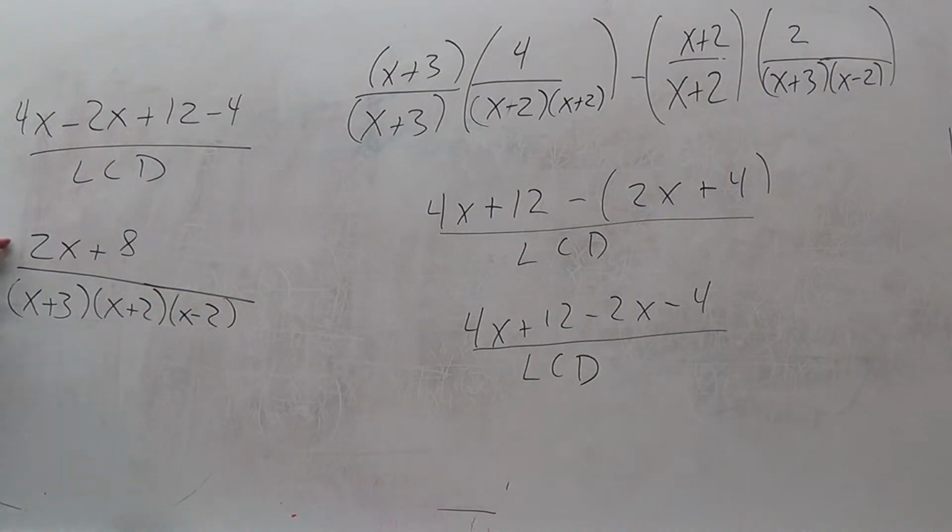Now, at this point, I can look at this and I can say, hey, you know what? Let's go ahead and break it down. I've got a 2 in common here. I might get lucky and be able to reduce something out.